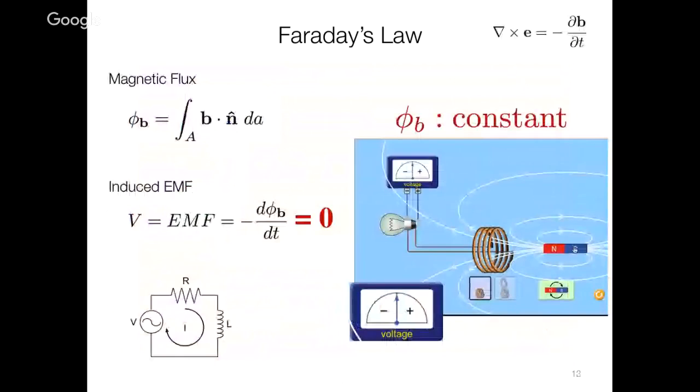So in the initial state here, I've got magnetic field lines that are going like this, right? The amount of field through the loop is called the magnetic flux. It's the integral over the area of the normal component of B. So it's given by this.